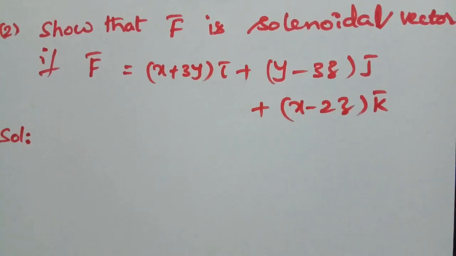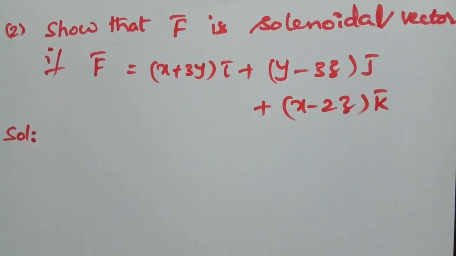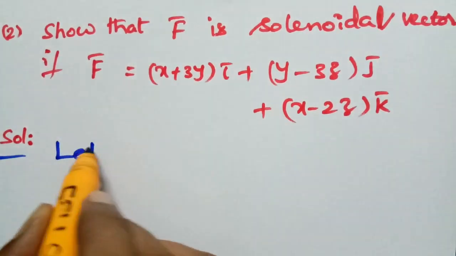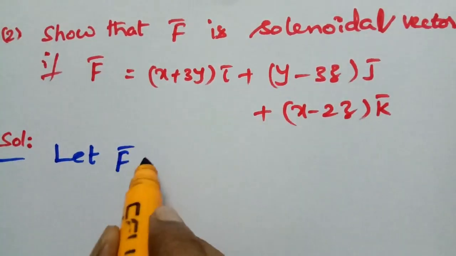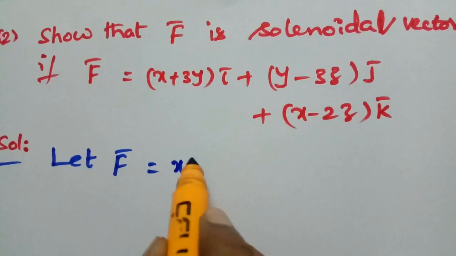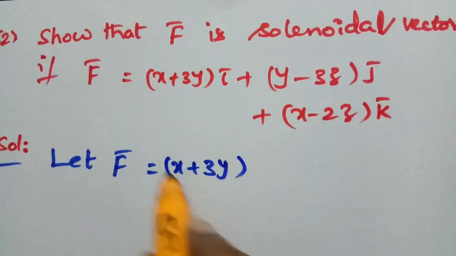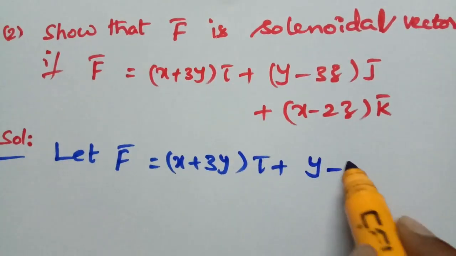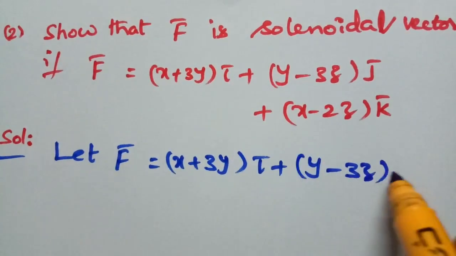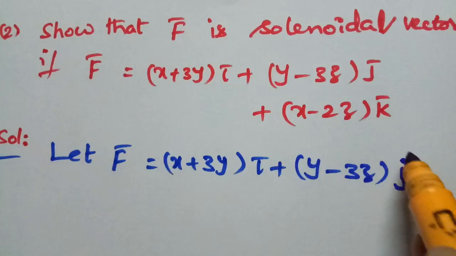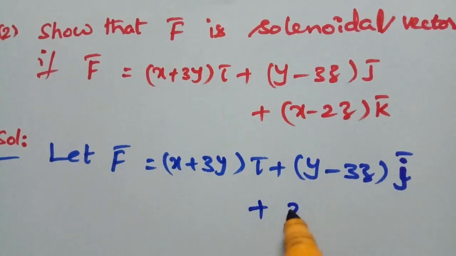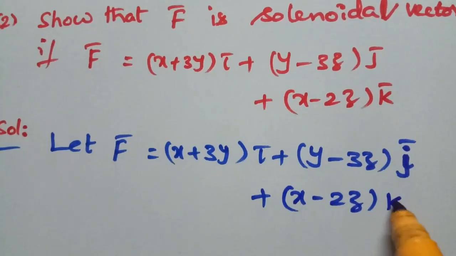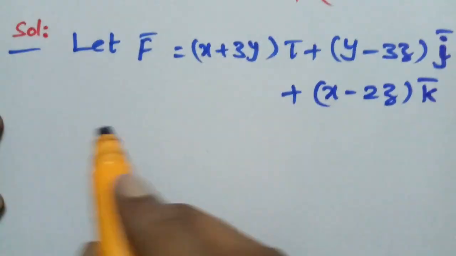Now, write down the given vector point function. Let f bar is equal to x plus 3y into i bar plus y minus 3z into j bar plus x minus 2z into k bar.